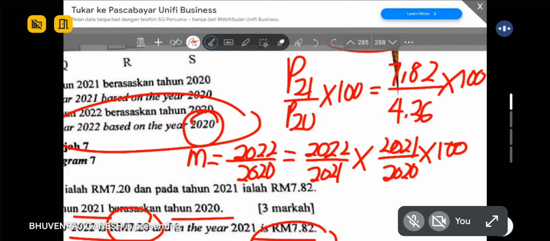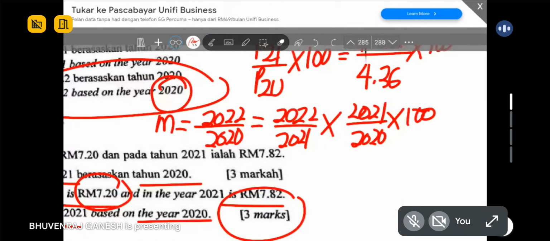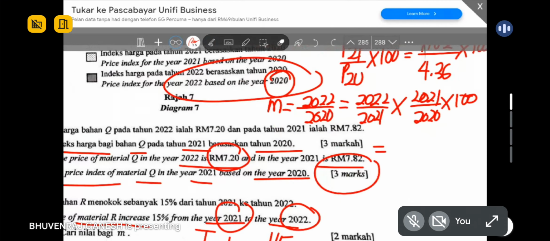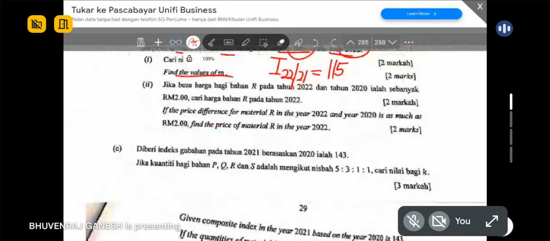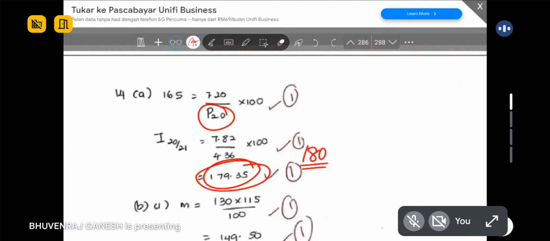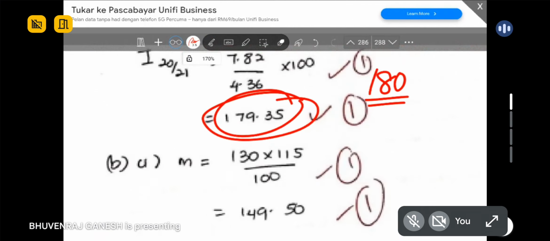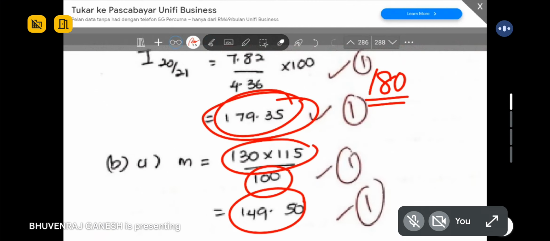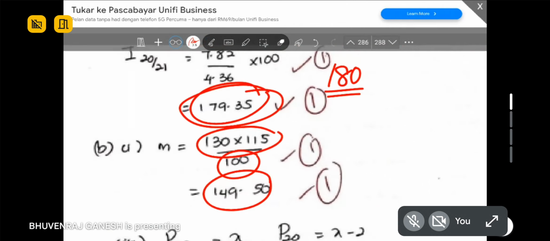Remember, kamu kena darab 100, because the formula of index is actually times 100 at the end. So you just need to substitute all the answers lah. Just gantikan. So you can see the working over here. Just substitute both of your index, divide 100. So your answer is 149.50.